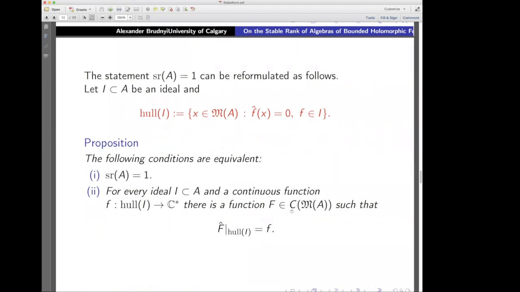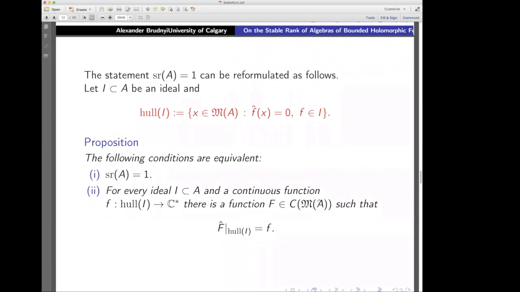to a function F on the maximal ideal space, I forgot to add it here, F in C(M_A) with values in C*, so F is non-zero as well.